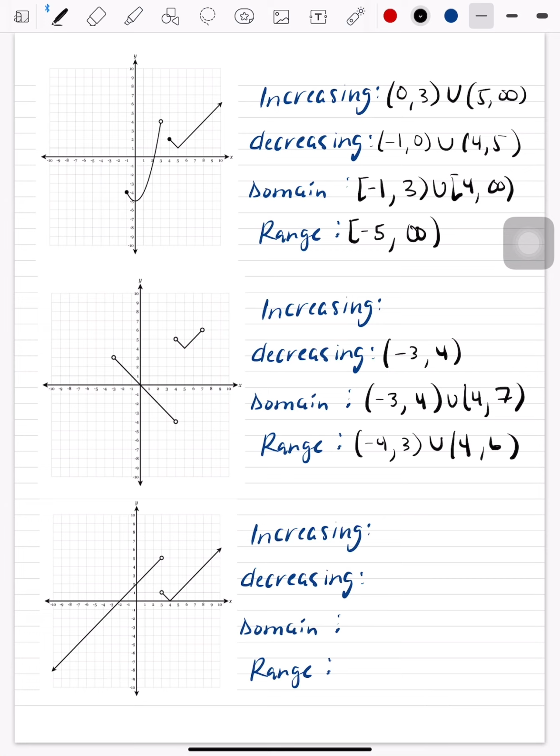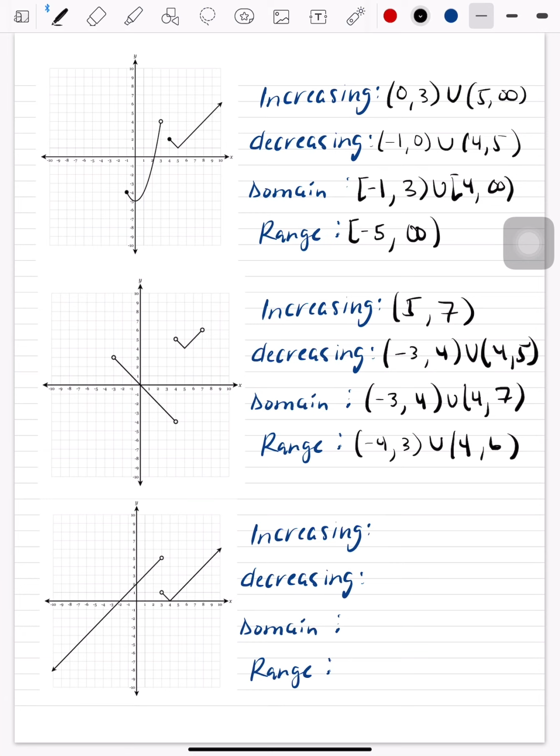It is decreasing, and then it's also decreasing from this little bit right here, from 4 to 5, it's decreasing, and then it's increasing only between 5 all the way up to the x value of 7. So it's increasing from 5 all the way up to 7 right here, right there. Again, we care about the x values. That's it. Last one. Let's make it happen.